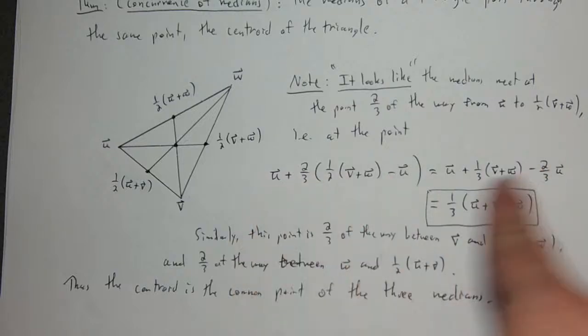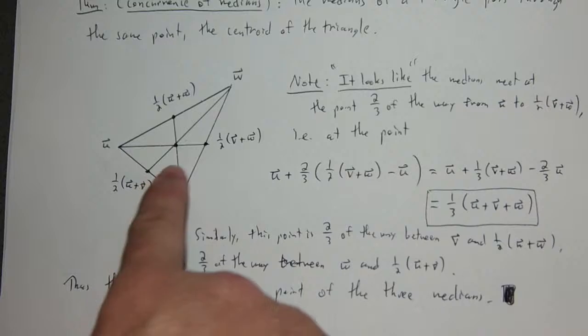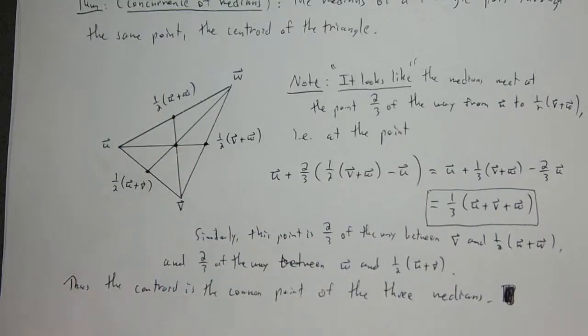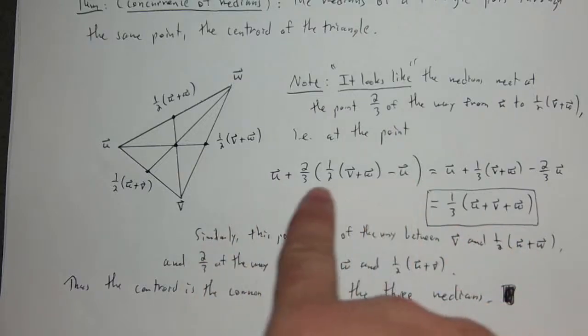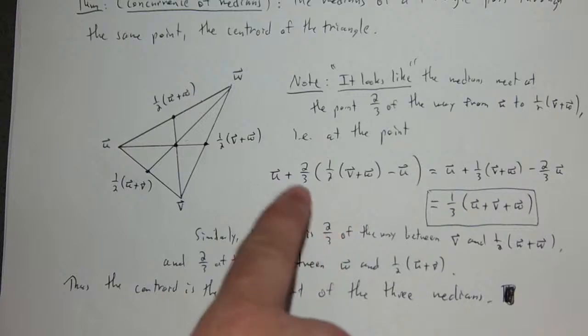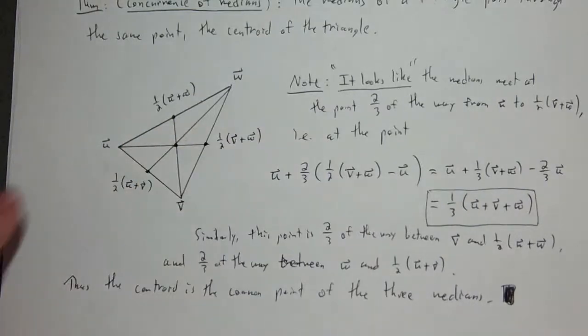So when I write this statement out, this is saying that centroid, or this supposed point where these three things meet, actually is the centroid, right? And this first expression here says that it does in fact lie 2/3 of the way out of this segment, out the segment from u to 1/2 v plus w, to the midpoint of the opposite side.